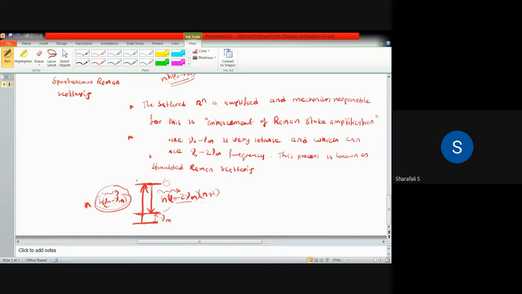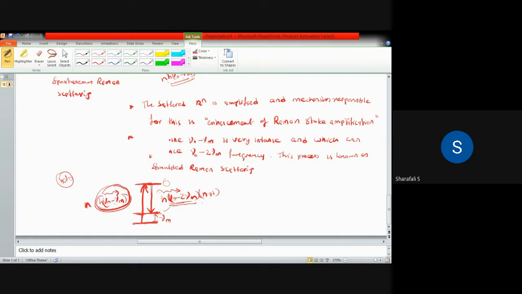So in this case, n photons of h nu 0 minus nu m energy come and interact with the sample, and you will get n plus one of these. The extra one comes from the h nu 0 interacting with the sample, which also produces h nu 0 minus 2 nu m because of conventional Raman scattering.